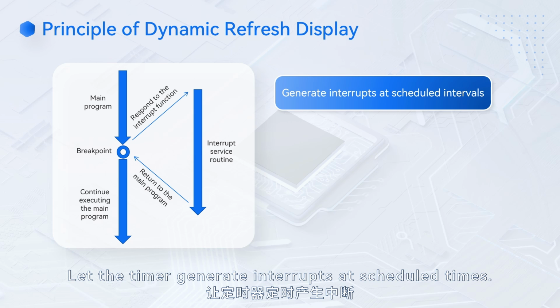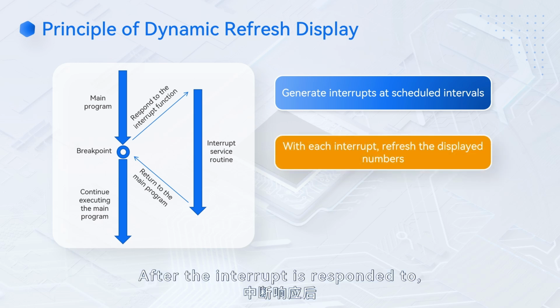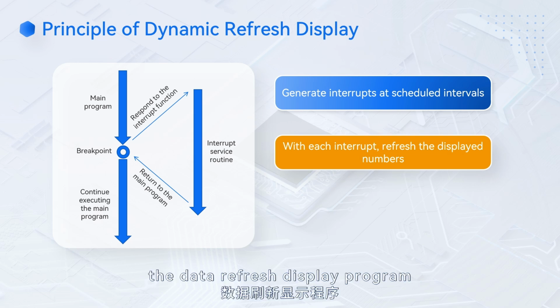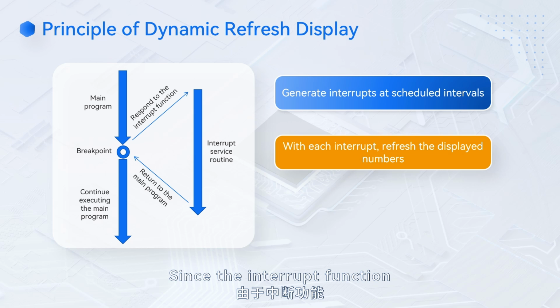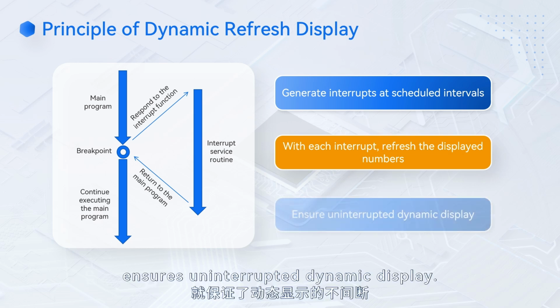Let the timer generate interrupts at scheduled times. After the interrupt is responded to, it automatically executes the data refresh display program to display the buffered data, while the main program executes other program statements. Since the interrupt function is not affected by other programs, the scheduled refresh ensures uninterrupted dynamic display.